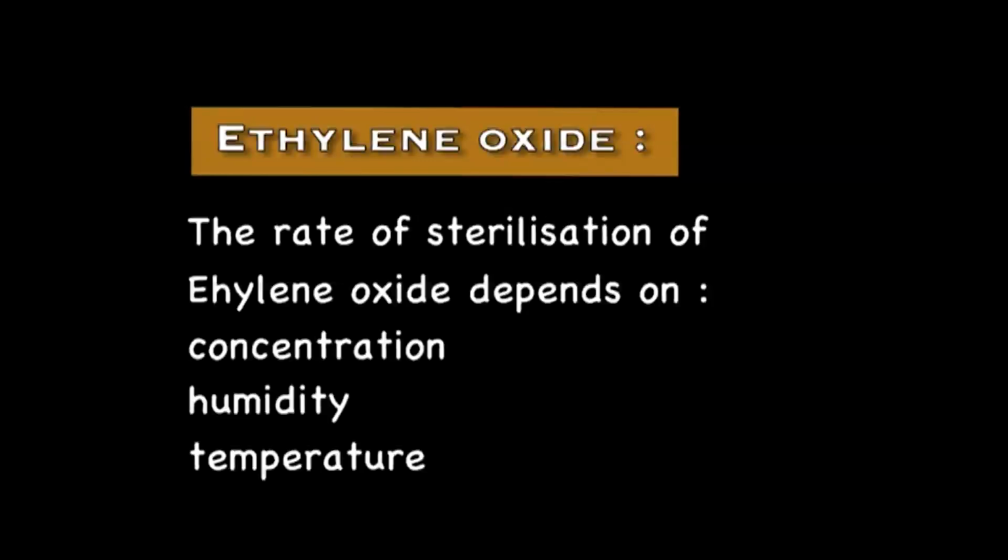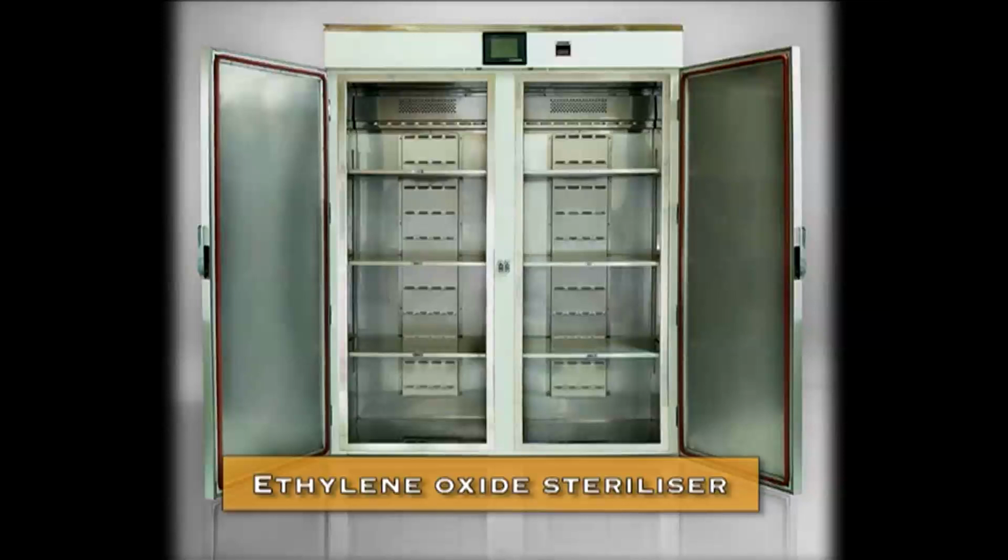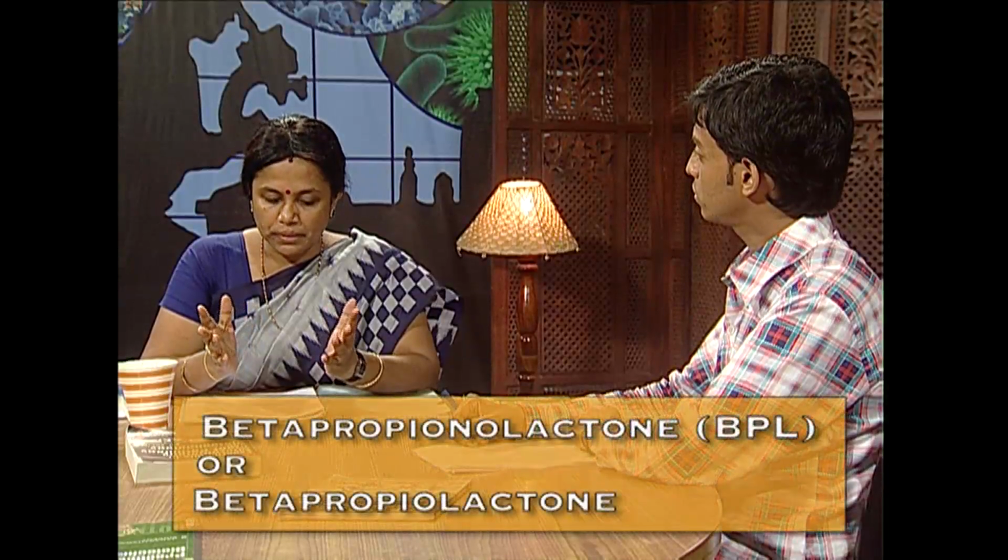Say, for example, at a particular temperature and at a fixed concentration, a definite amount of time is needed for sterilization. So if these three parameters are altered, then the entire story will change. The drawbacks with ethylene oxide are there. That's why we started working with BPL or beta propionolactone.